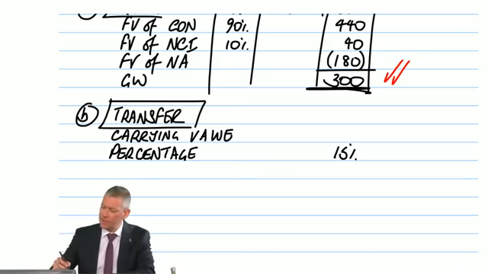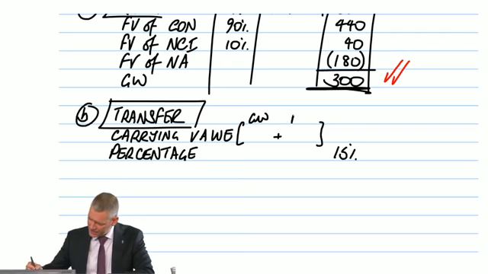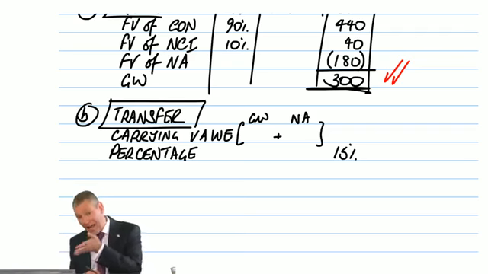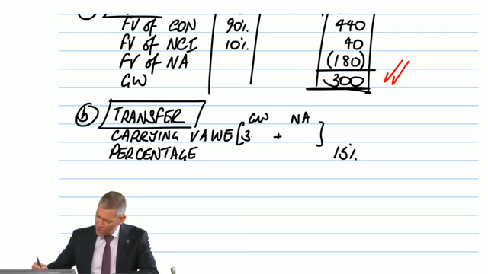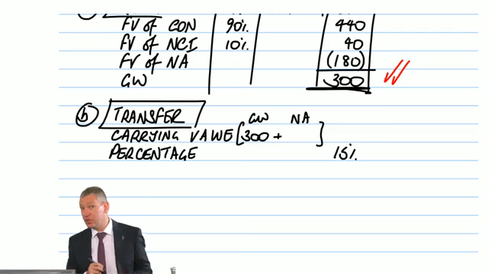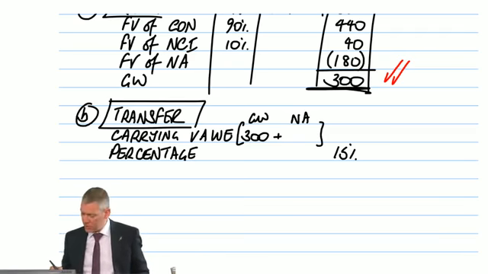So the sub is made up of goodwill and net assets. Transfers are always at the year end, by the way. So we want the goodwill at the year end, which will be 300, because the goodwill won't have changed. But the net assets will have changed. They were 180 at acquisition, but they won't be that now.